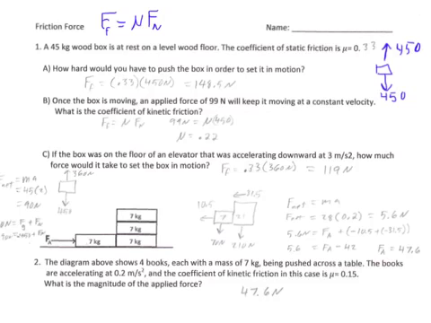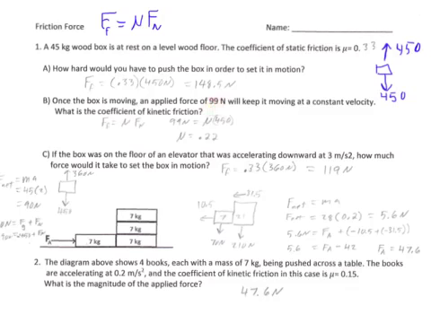Now the box is set to moving, so now mu is going to be different. Kinetic friction is always less than or equal to static friction, so we want to find the value of mu in this situation. So I'm trying to find the value here. The force of friction must be 99 because the box is in dynamic equilibrium.